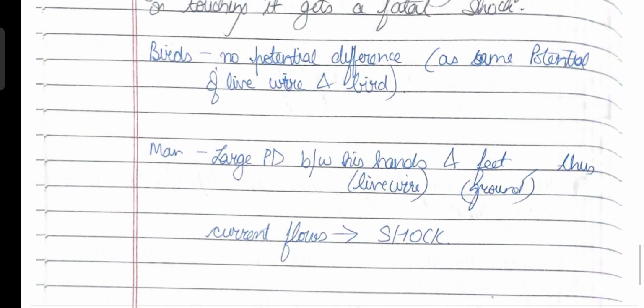The feet are touching the ground, which is at a different potential, and the hand is touching the live wire, which is at a potential quite different from that of the ground. So this potential difference exists, and as a result current can flow through the body of the human being, and hence he gets a shock, and it can be fatal, meaning it can even lead to the death of the person.